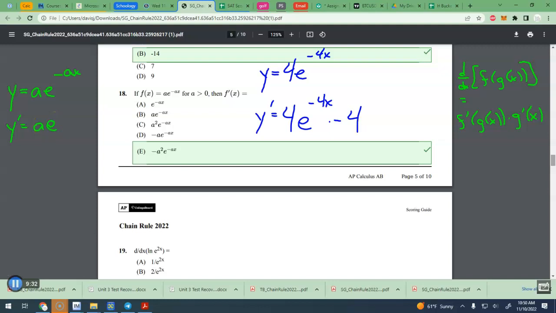So the e stays. Derivative of e is e. That's my f prime. G of x stays, so negative ax stays there, and then I multiply by the derivative of that top piece, which is negative a, and then they got some simplifying, so it's negative a squared when you multiply these two together, and then e to the negative ax.